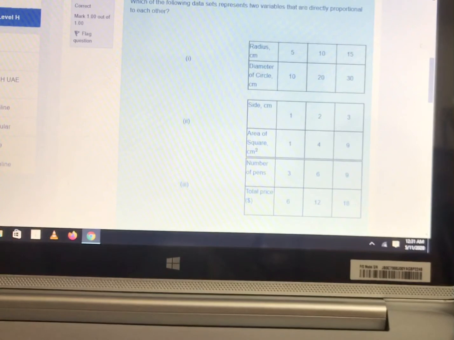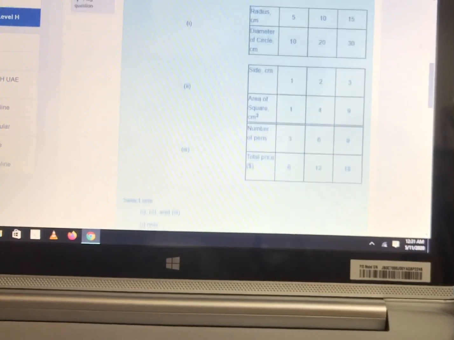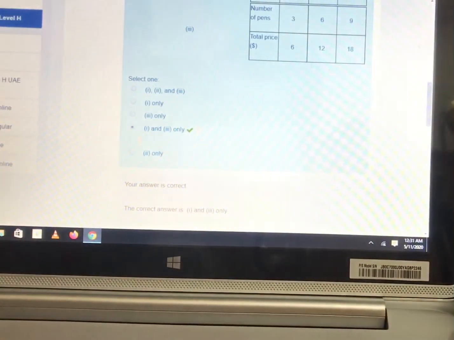Which of the following datasets represent two variables that are directly proportional to each other? What they are giving us: radius and diameter of circle, side and area of square, number of pens and total price. And now we have options, and which option is correct? You see, 1 and 3 are correct.